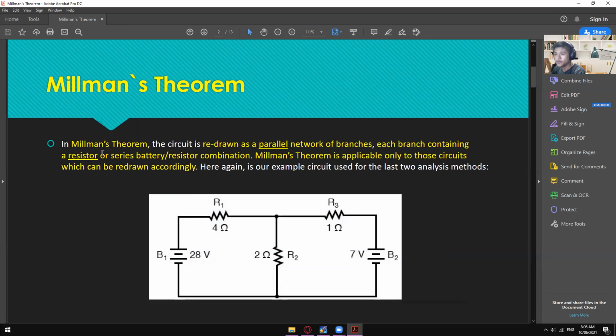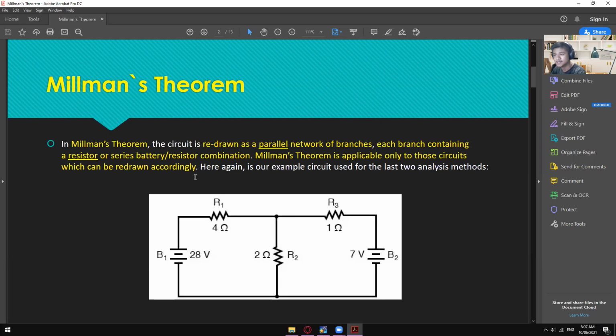So in Millman's theorem, the circuit is redrawn as a parallel network of branches, with each branch containing a resistor or series battery-resistor combination. So in Millman's theorem, we always have this combination: a series voltage source and a resistance.